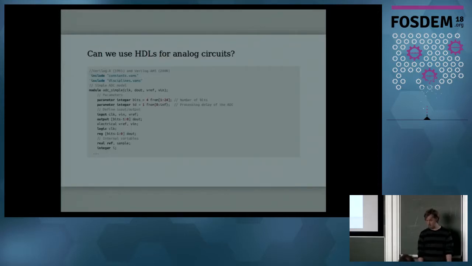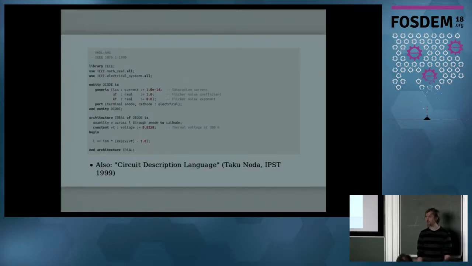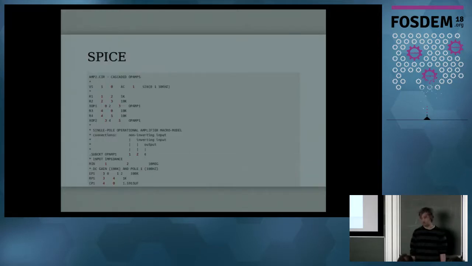So people have tried to extend HDLs for analog and mixed signal design, and Verilog-A was designed in 1993, and it was merged into Verilog-AMS in 2000. There are also analog and mixed signal extensions for VHDL, and some more experimental ones which I couldn't actually find implementations of. But there's also SPICE, which I forgot last time I gave this talk.